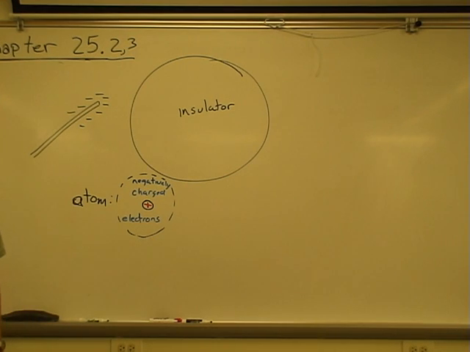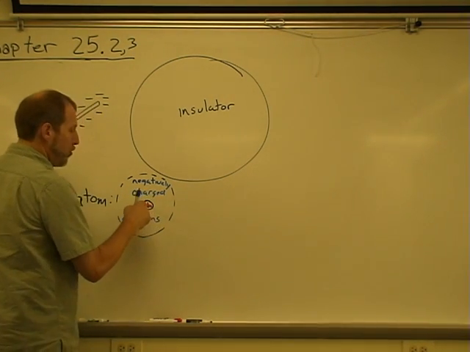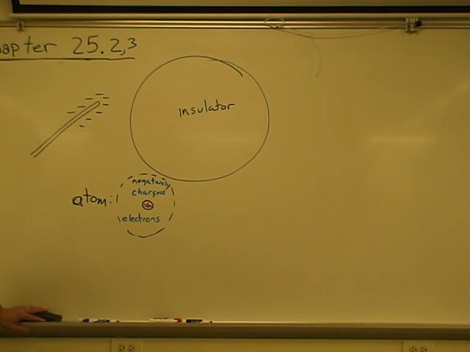The thing of that is, everything else being equal, the center of those electrons will be at the nucleus. So if I'm looking at this from any distance whatsoever, what do we see? A total charge of 0.